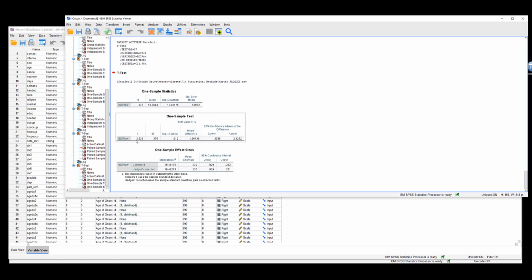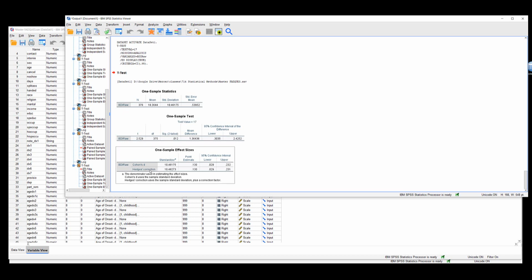This is the t-value, 2.529, 375 degrees of freedom, which is n-1, so you see my sample size is 376, and then my p-value is 0.012. So the significance is our probability that the null hypothesis is correct. I've got a very small probability that the null hypothesis is correct, so I'm going to reject that null hypothesis. So that's at 0.012.